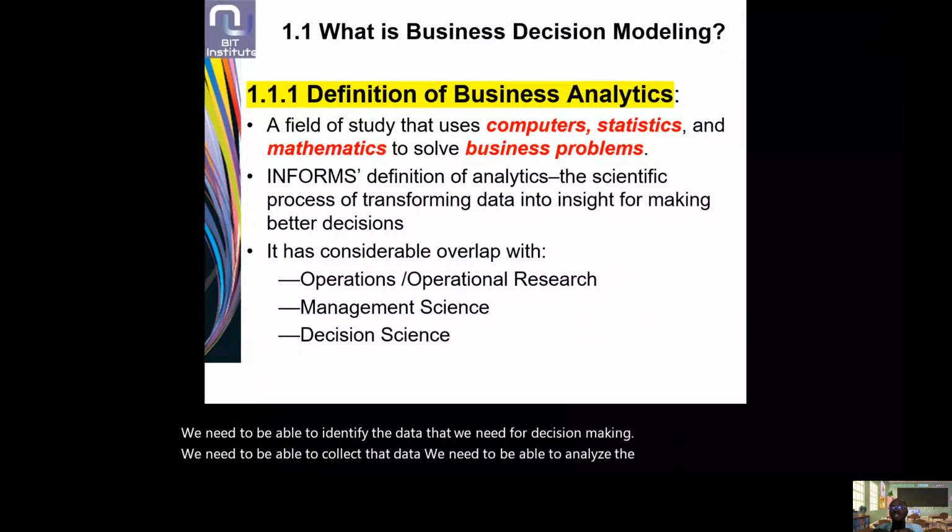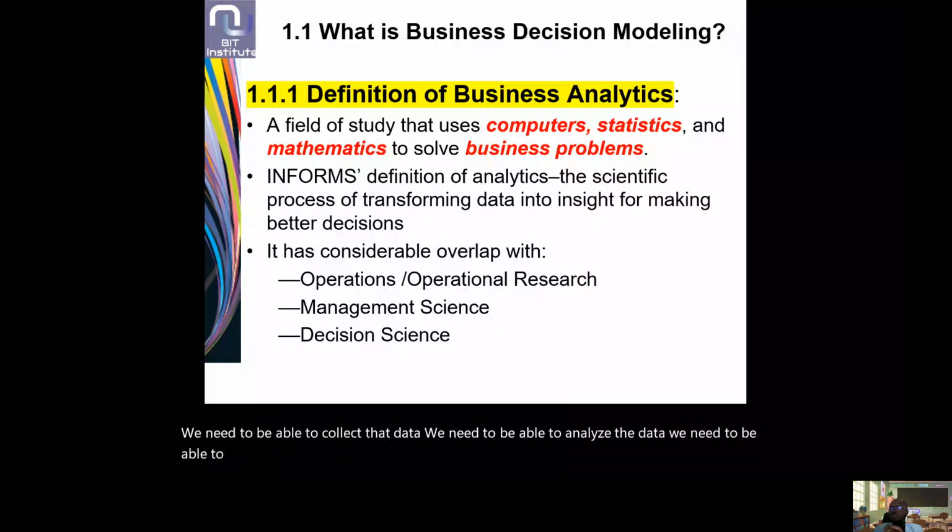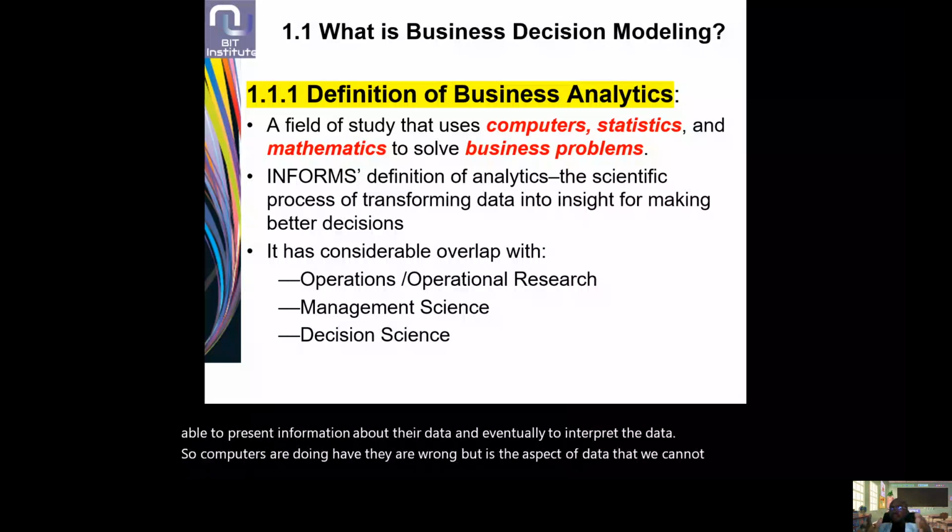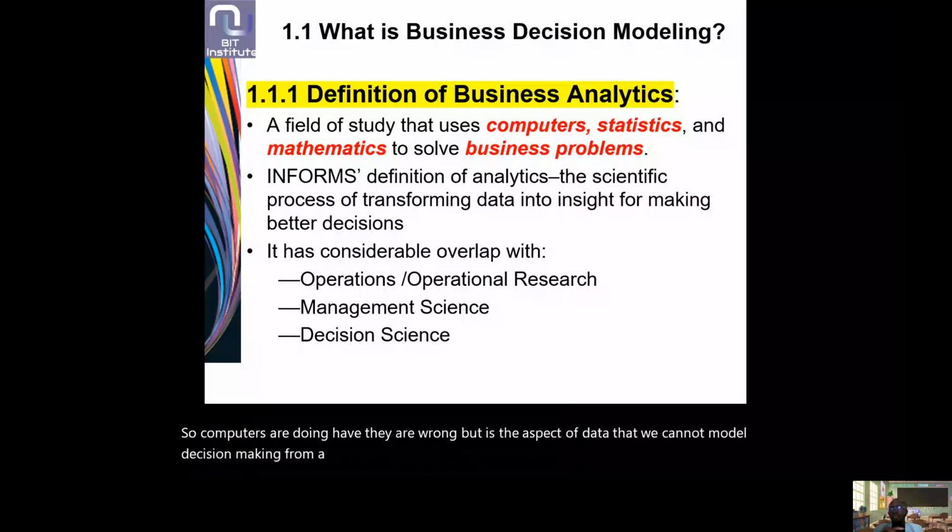We need to be able to present information about that data, and eventually to interpret the data. So computers have their role, but we cannot model decision making from a management science perspective without thinking about the data and what is required and how data impacts decision making.